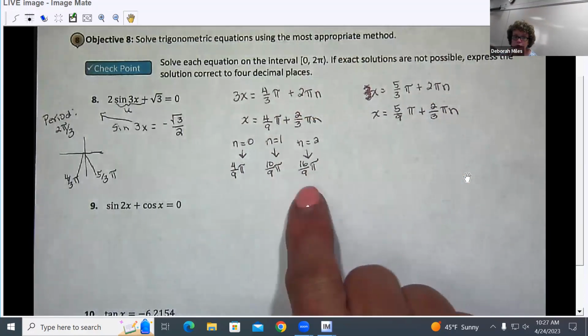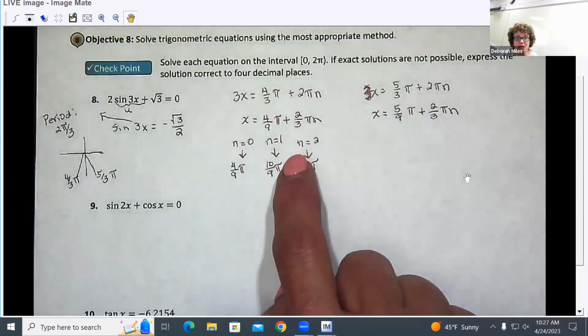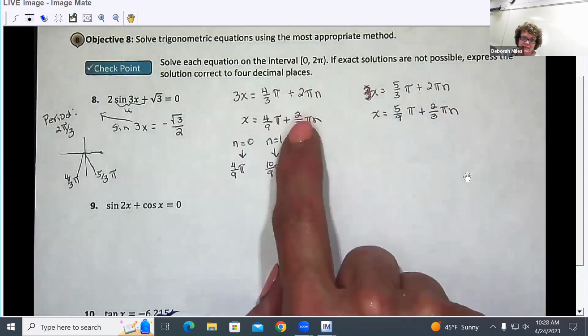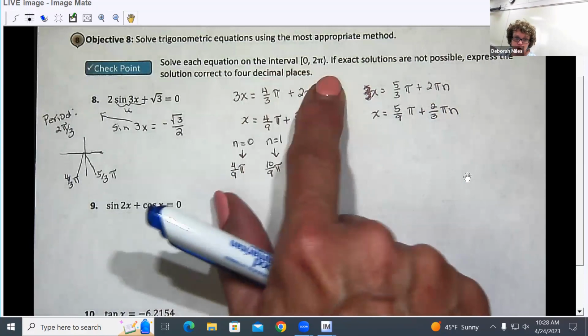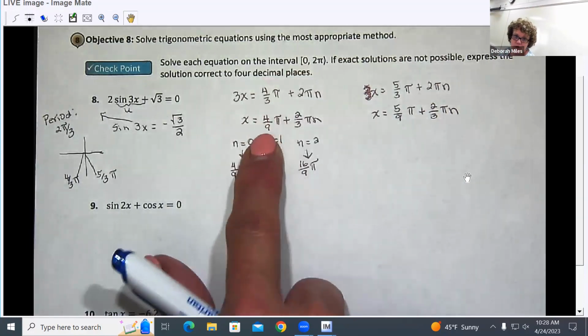Now, that's almost to 2 pi. 18/9 would be 2 pi. So if I let n be 3, I would be outside that interval from 0 to 2 pi. These are the only 3 solutions I'm going to get from this equation.